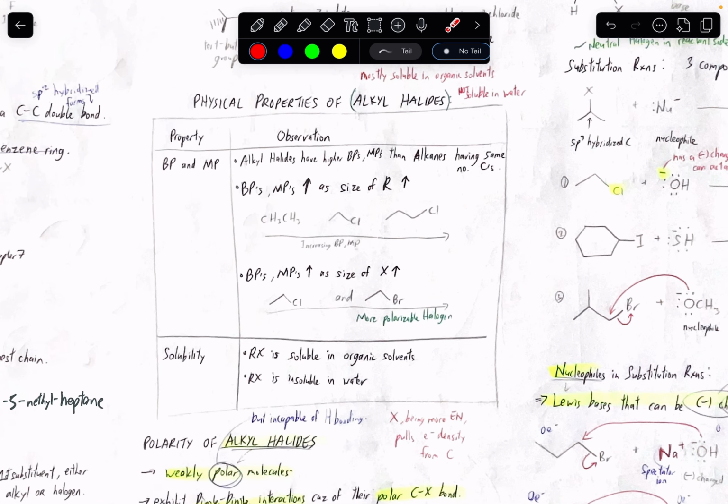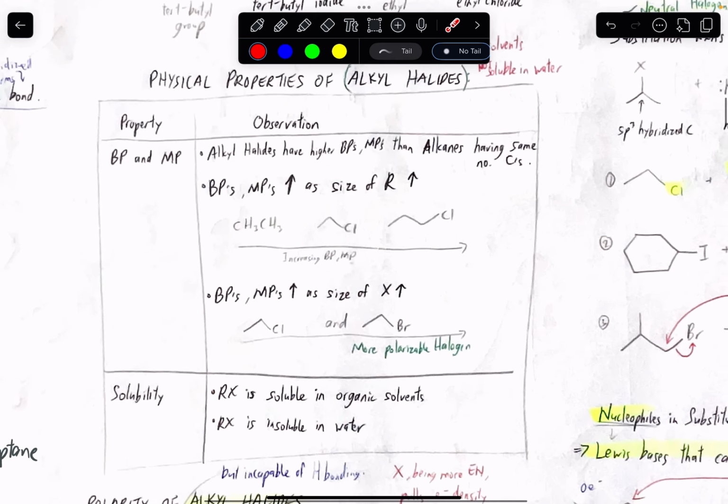Technically they are polar, and when we say polar, what comes to mind is that the molecule is capable of hydrogen bonding. But in the case of alkyl halides, they actually are not capable of hydrogen bonding. More on that later. Let's go to the two main properties first.